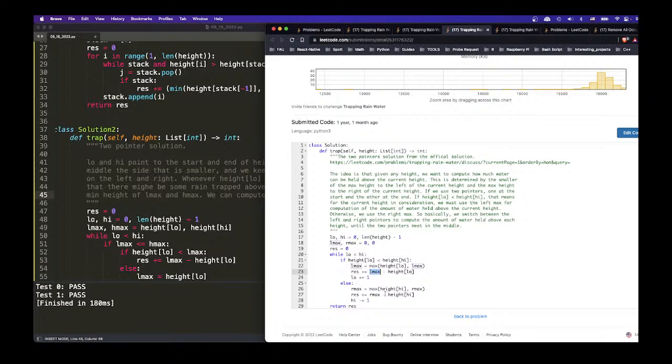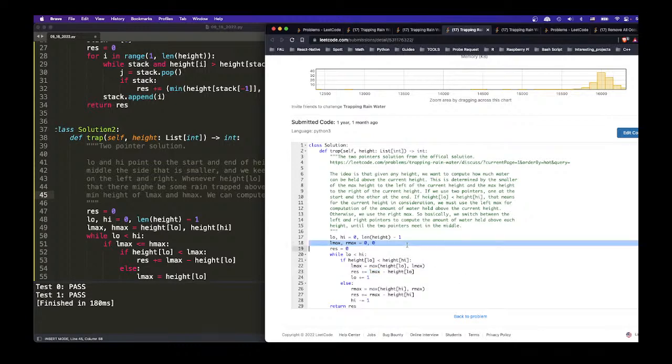Let me think. Okay, so we have a 10, we have an 8, right, and we have a 1, and we have a 2. So initially, height low is larger than, so I have a max in here, and R max is 0 at the moment, minus height high.